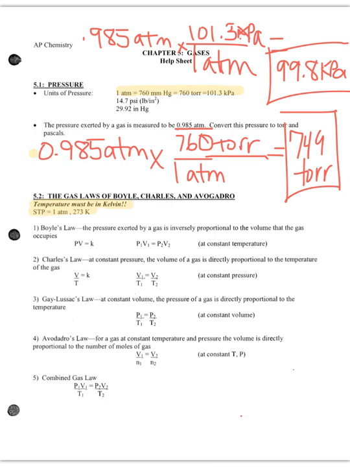In AP Chem we use atmospheres. Last year we used a lot of kilopascals, but usually in AP Chem we use atmospheres. So 1 atm and 273 Kelvin will be your STP values. Take a look at all of these other equations. You don't need to remember all of the names, Boyle's law, Charles's law, Gay-Lussac's law, Avogadro's law.